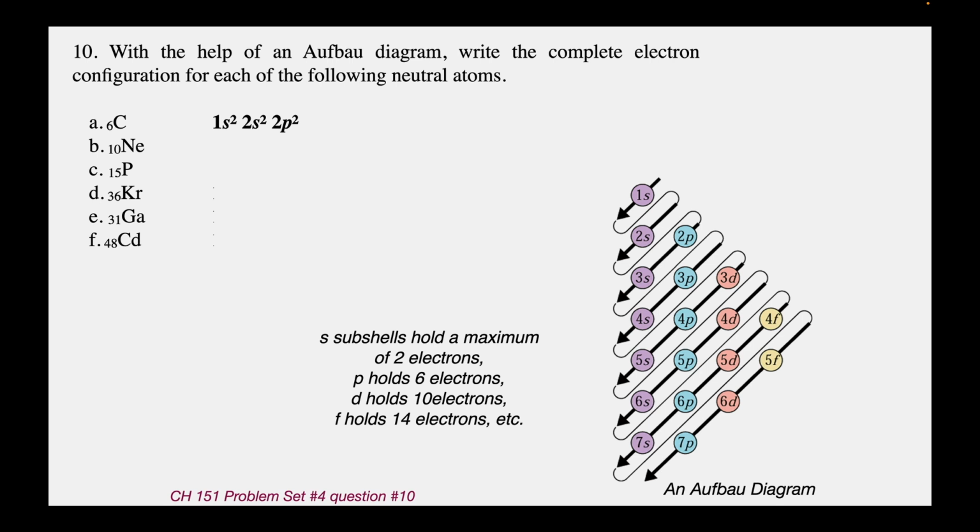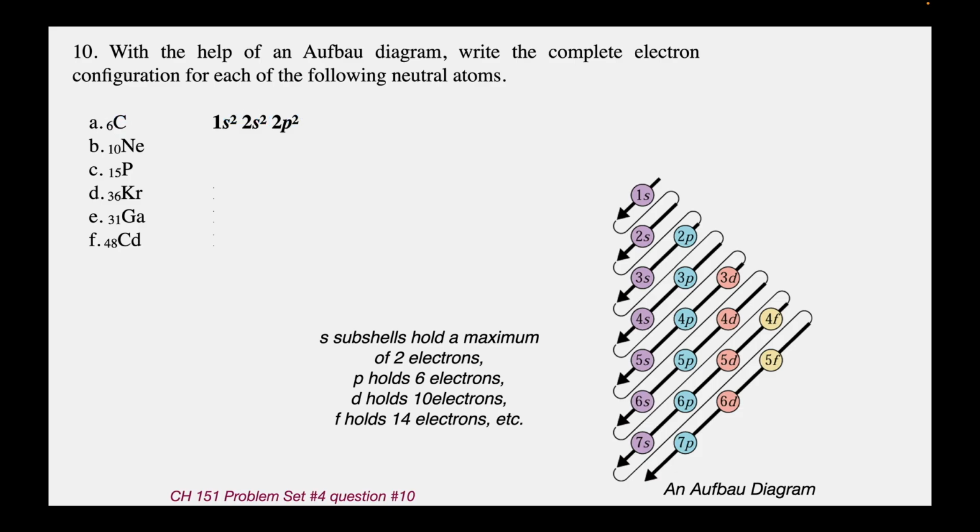And if you're ever uncertain how this works, you can always follow the Aufbau diagram. Aufbau diagrams are really, really cool. And also, to double check yourself, all of those superscripts there in carbon, i.e. the 2, and the 2, and the 2 right there, all of those numbers when added together should equal the atomic number, which again for carbon there is number 6. So 2 plus 2 plus 2 is equal to 6. I think we've done it good, and we're ready to go on to neon.